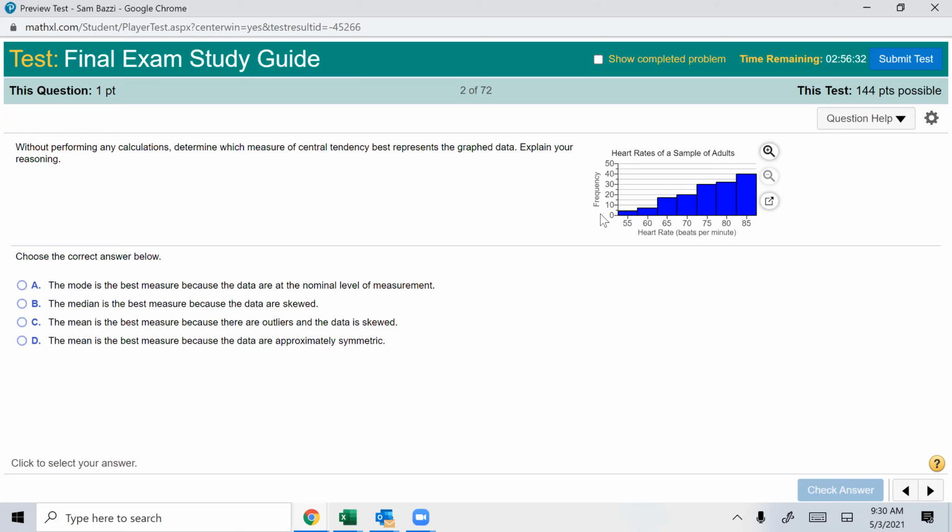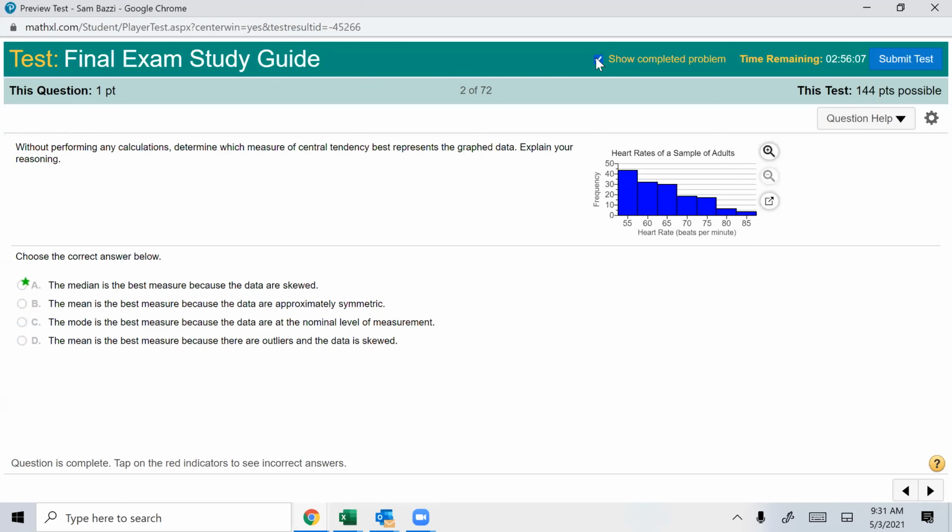This data is skewed to the left. Without performing any calculation, determine which measure of central tendency best represents the graphed data. Explain your reasoning. What would you use when data is skewed, guys? The median.